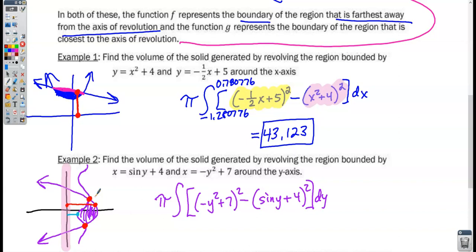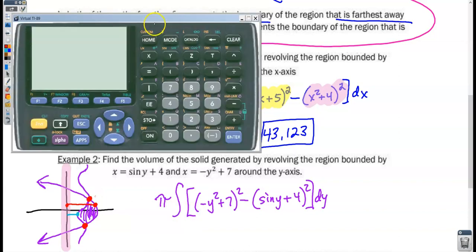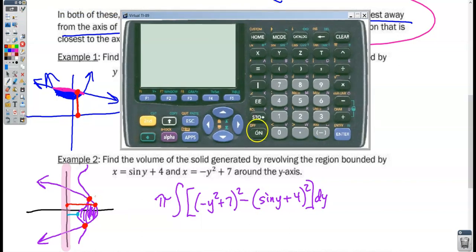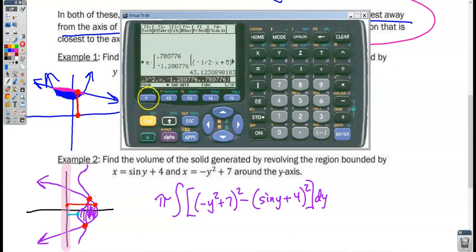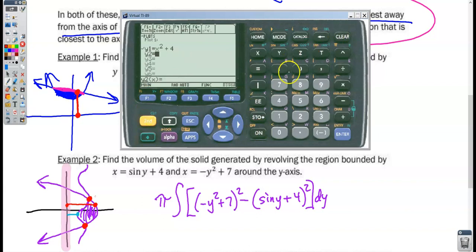But in fact, what I'm going to do is graph the inverse of each of these functions on my graphing calculator. You remember we used this little trick when we were finding areas between curves, if you happen to catch that video.